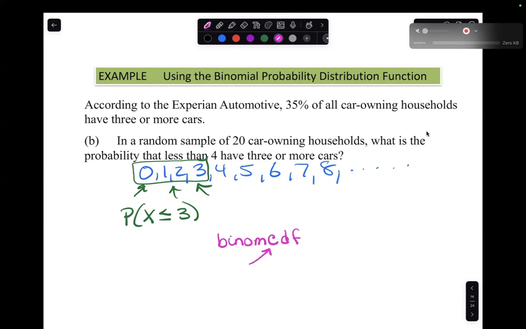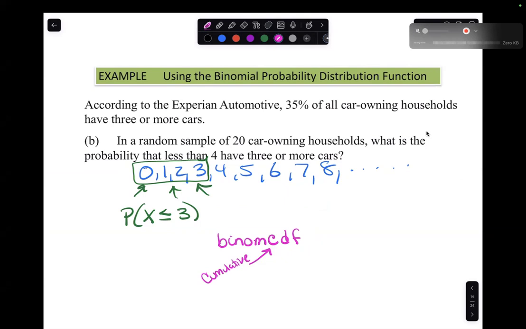This means cumulative, which means I'm adding the probabilities of 0, 1, 2, or 3, because remember, with or, we add. So I'm finding the probability of 0, 1, 2, and 3, and adding them all together.